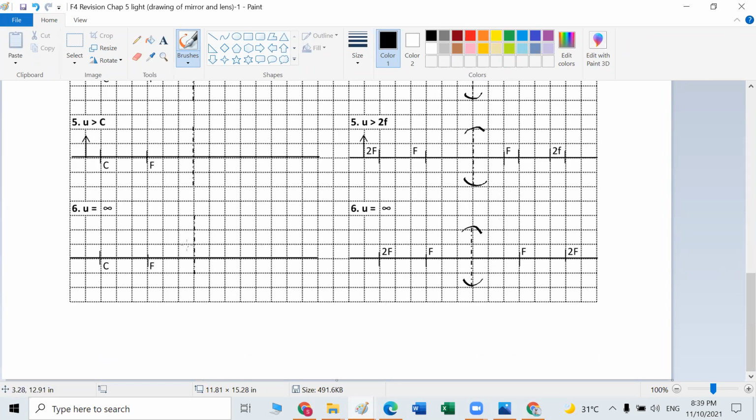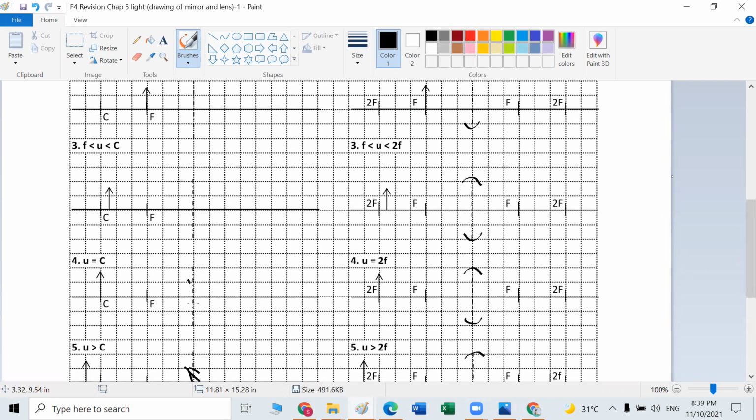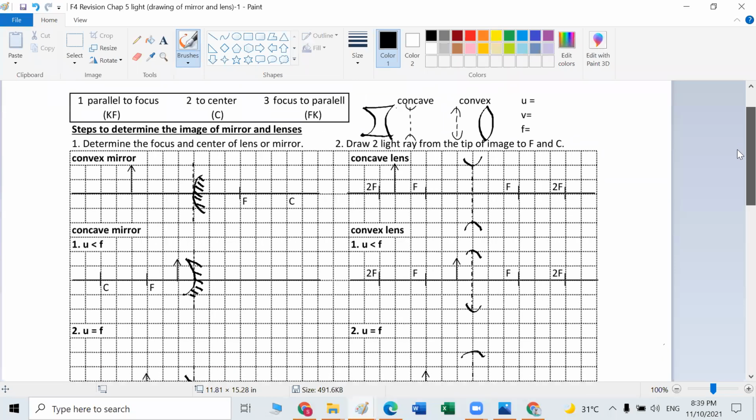Okay, done. All right, so now let's draw the ray diagram.